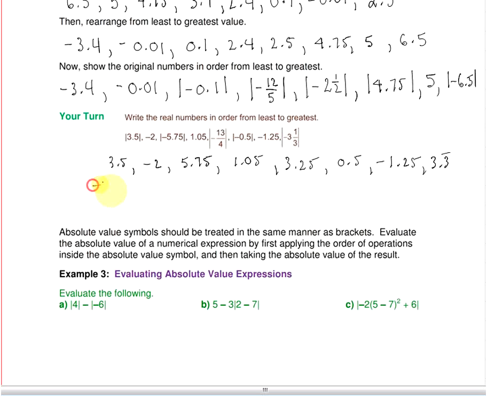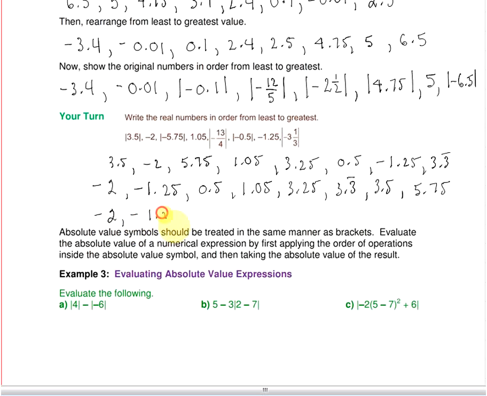Okay, so order it from least to greatest: negative 2, negative 1.25, 0.5, 1.05, 3.25, 3.3 repeating, 3.5, and 5.75.